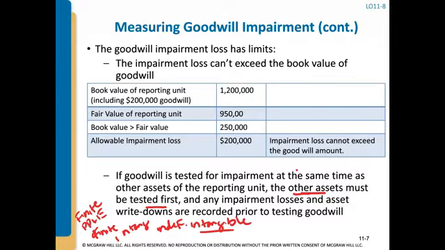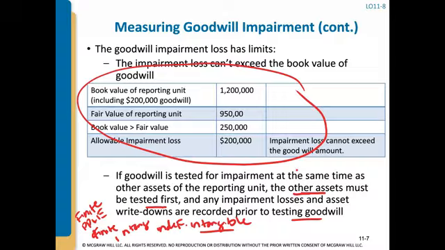Those assets need to be written down first. And then after that impairment loss is recorded, you would go to this kind of calculation for the whole reporting unit.